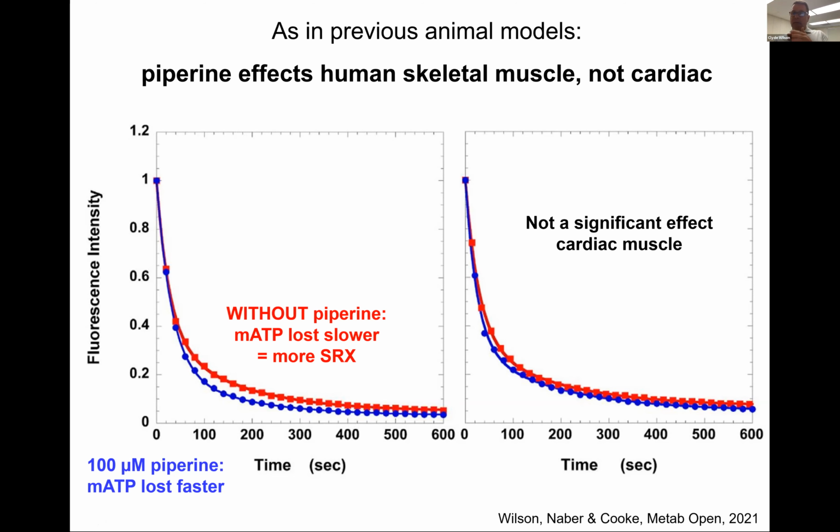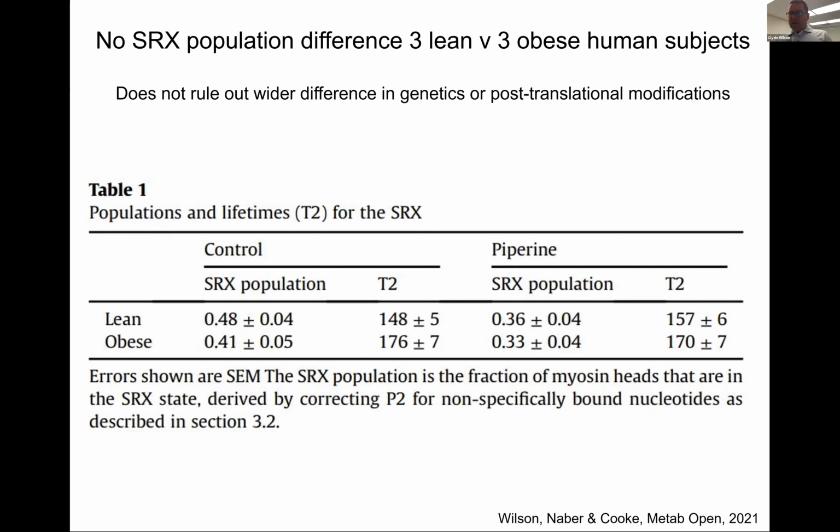So in comparing lean to obese humans, 3 subjects of each from the tissue bank at the University of Kentucky, with vastus lateralis biopsies, the superrelaxed state population and lifetime were not statistically different.